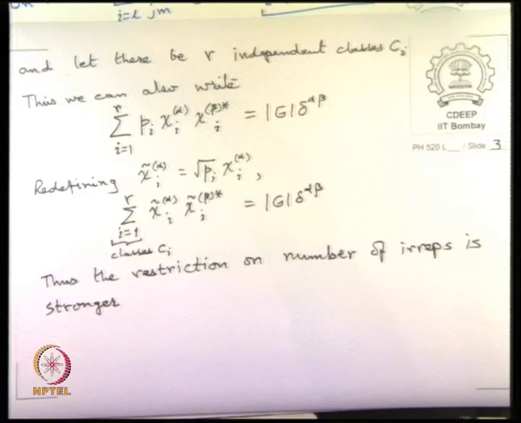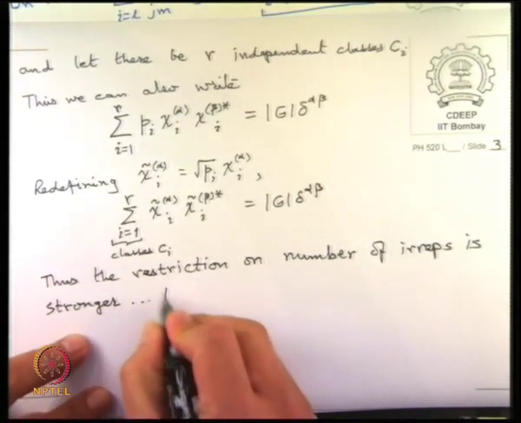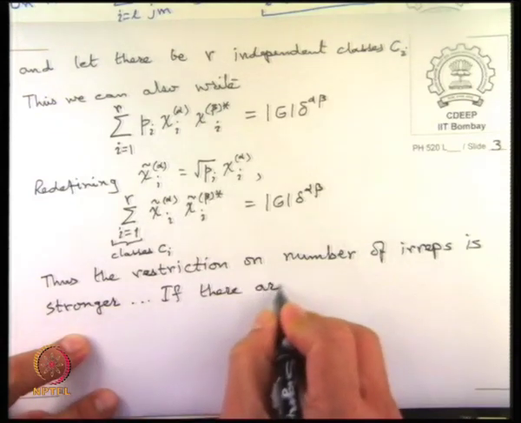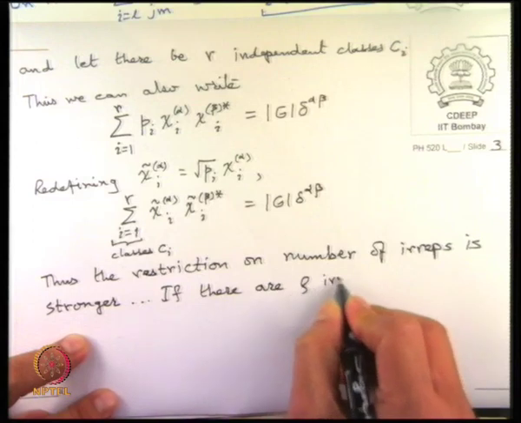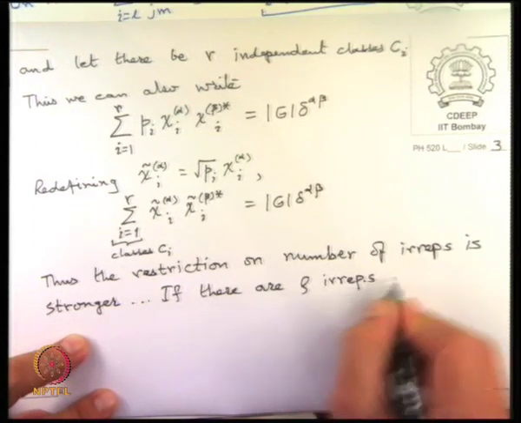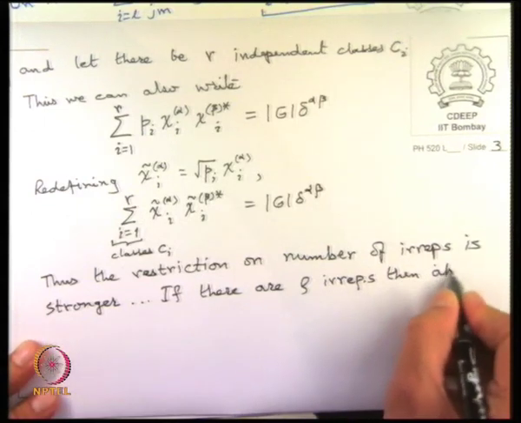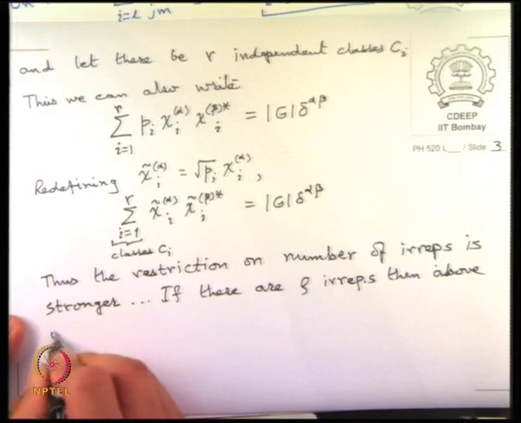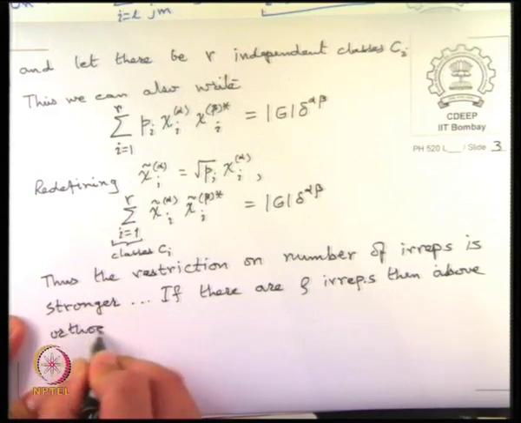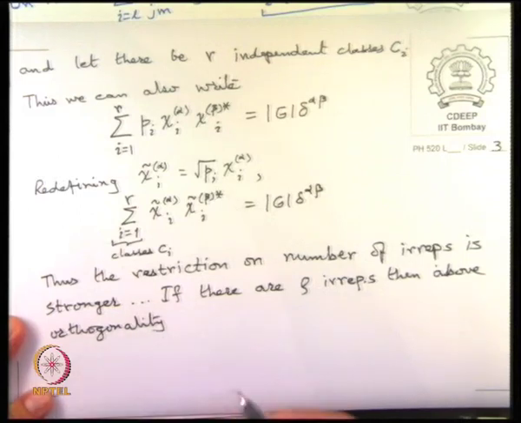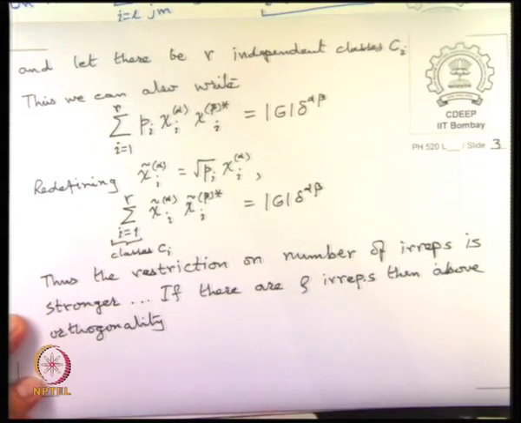Sometimes people write the number of irreducible representations as rho. If there are rho irreps, then the above orthogonality means, I try to write this out because if you later read the notes, if I just jump to writing the equation, then the continuity is lost.